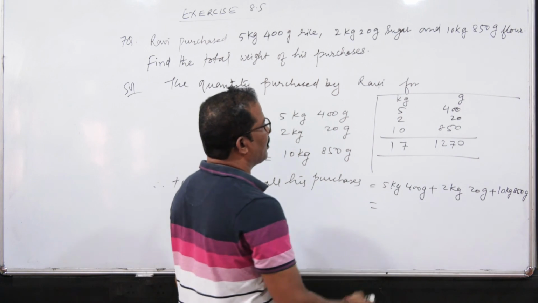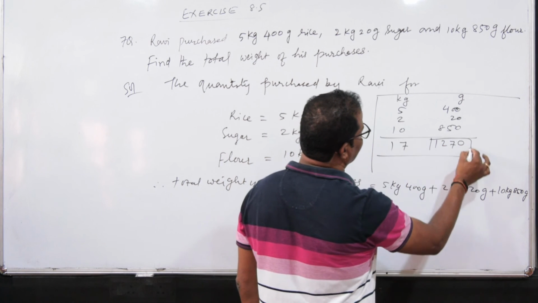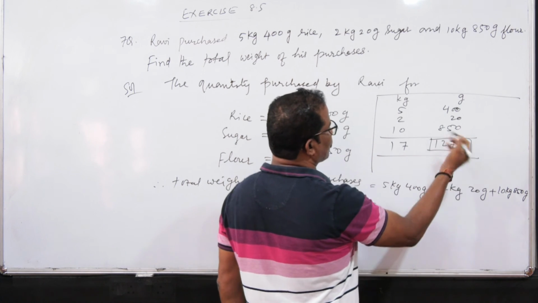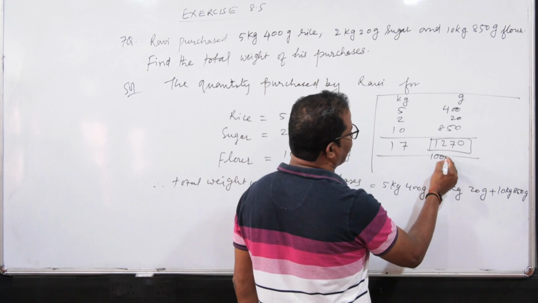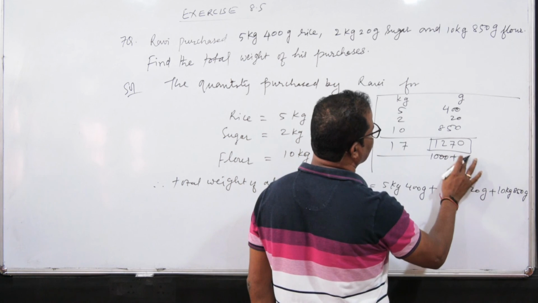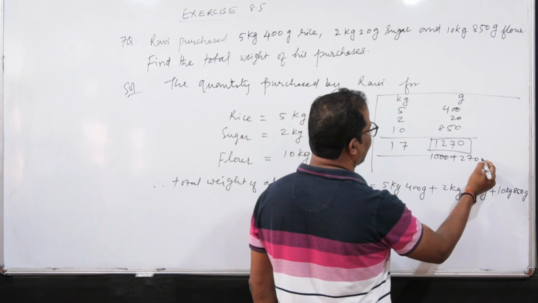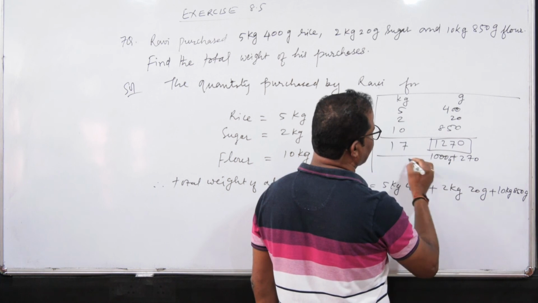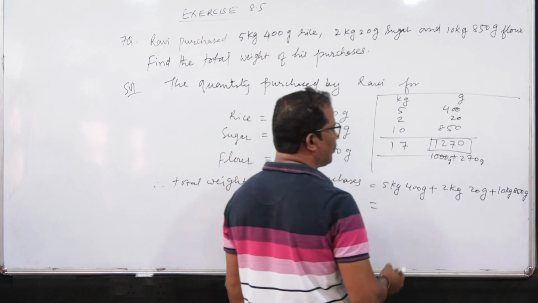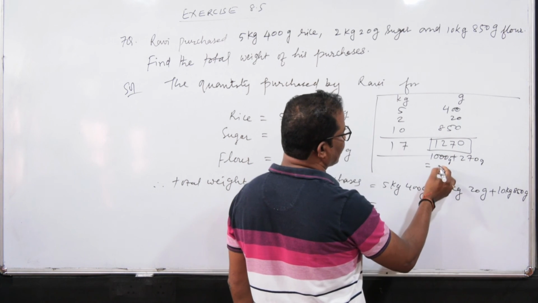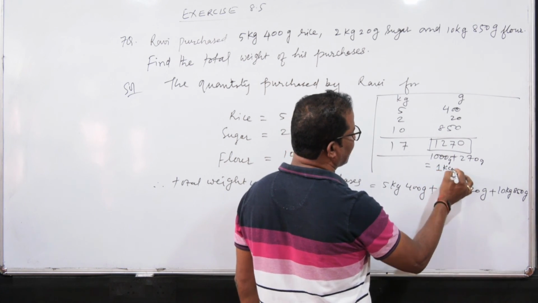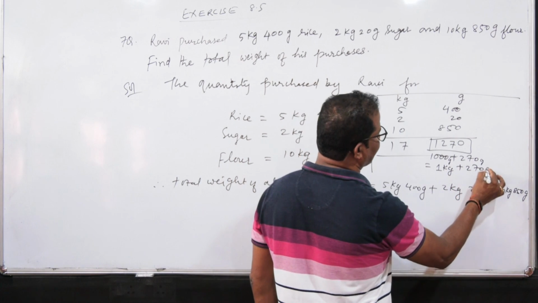1270 grams. But you can see for this grams, we can break like this. It is more than 1000. So for this we can write 1000 plus 270. So there are two units: 1000 grams and 270 grams. And we know that 1000 grams is equal to 1 kg, and here 270 grams.